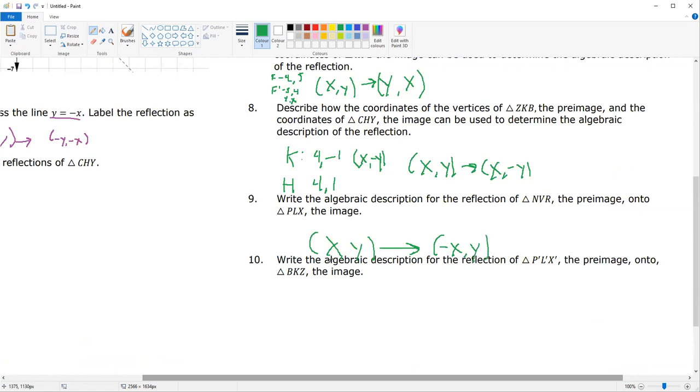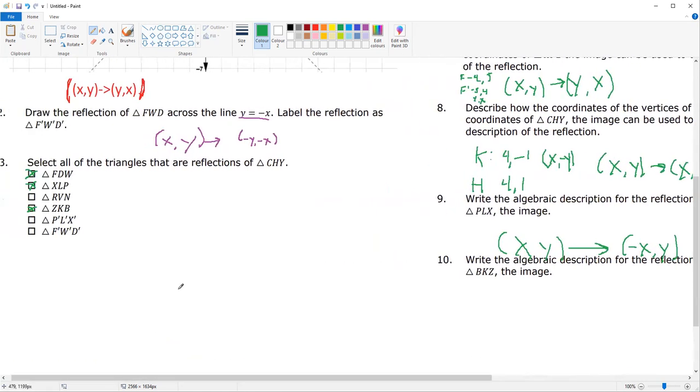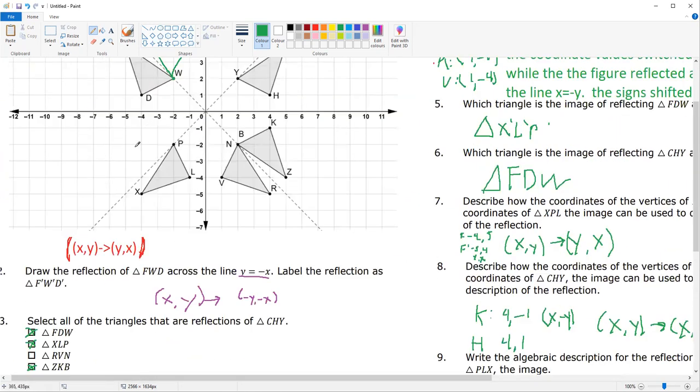Okay. And then the next one is P prime, L prime, X prime onto BKZ. So the prime was up here onto BKZ. It looked like this. And then it was like 4, 1, -1, so it would have been 4, -1.